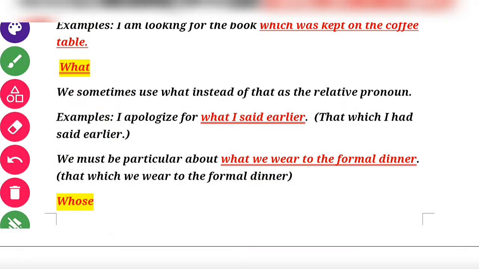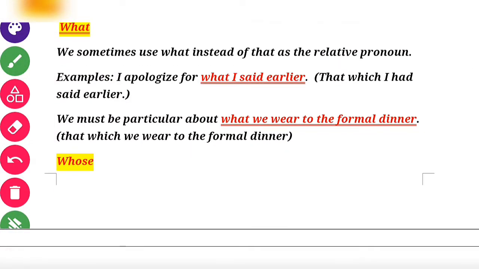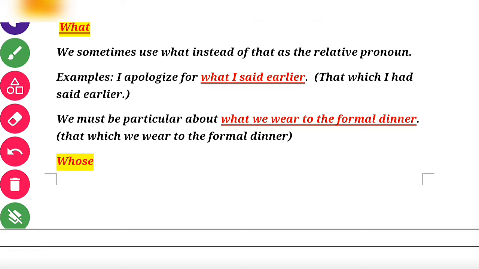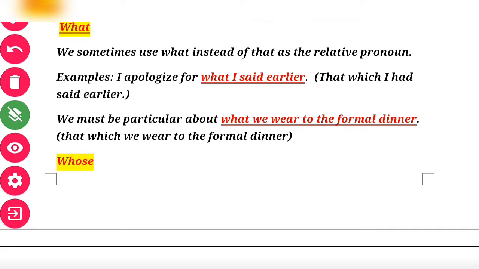I apologize for what I had already said. Next example: We must be particular about what we wear to the formal dinner. It means that which we wear to the formal dinner, we have to be particular about that thing. So what can be used in the place of that.